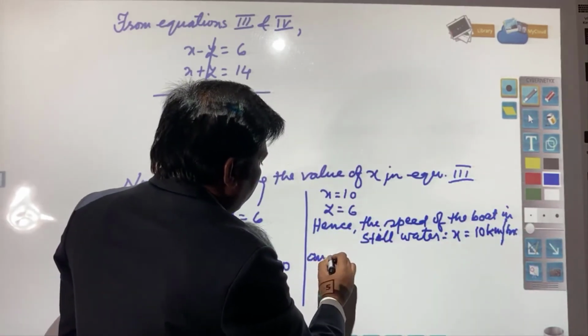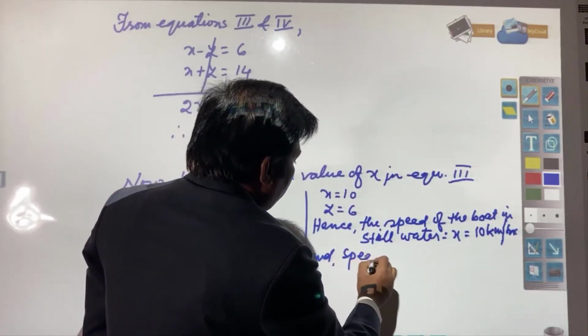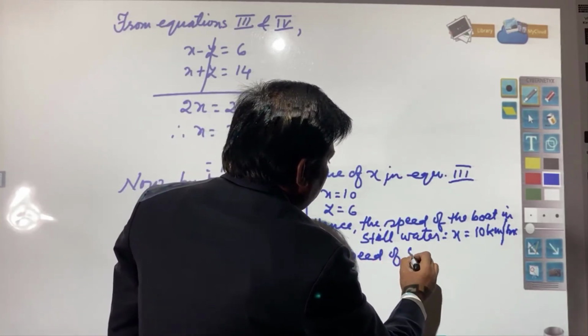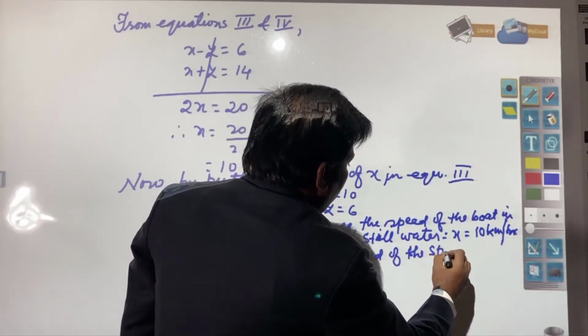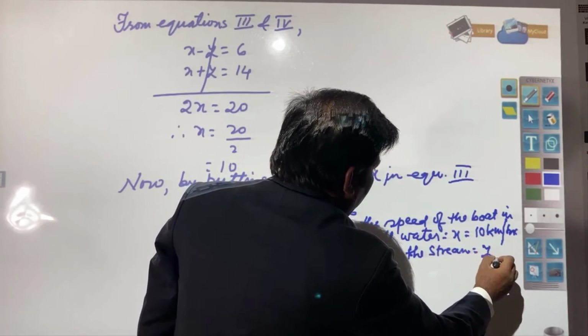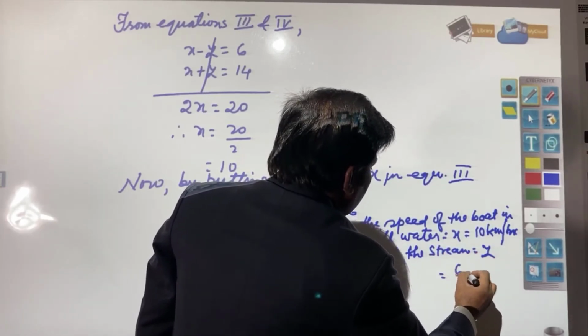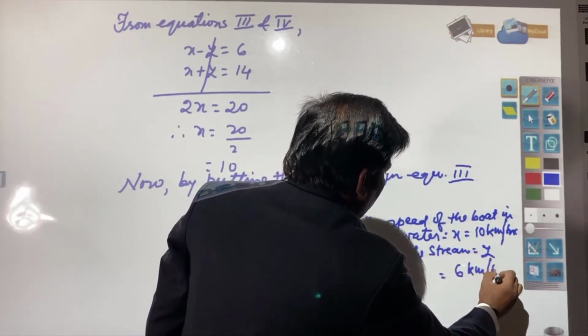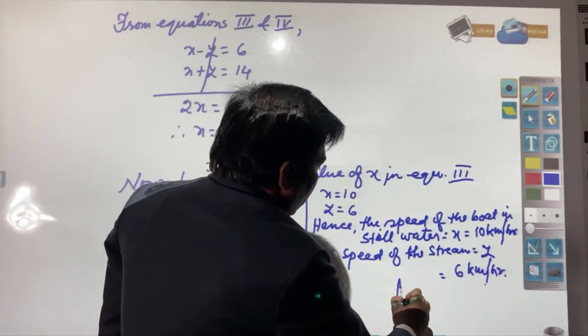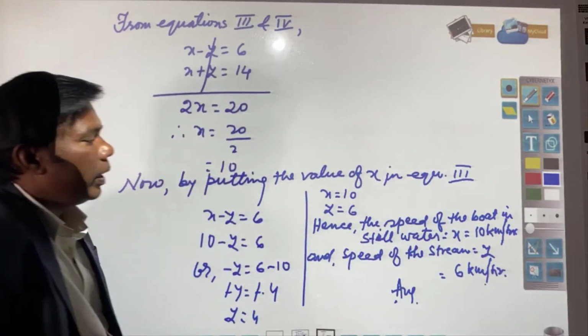And the speed of the stream is equal to y, and that is 4 km/h, and this is your answer. So in this way we need to solve.